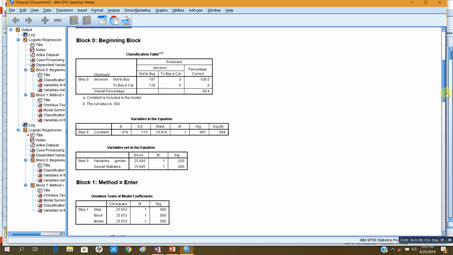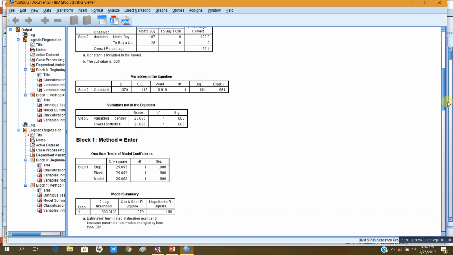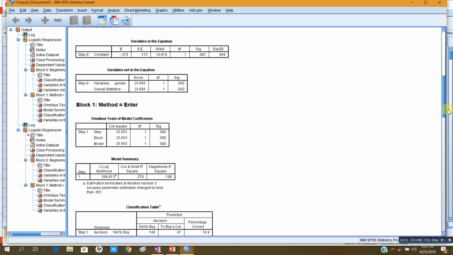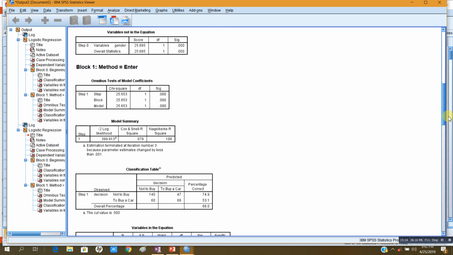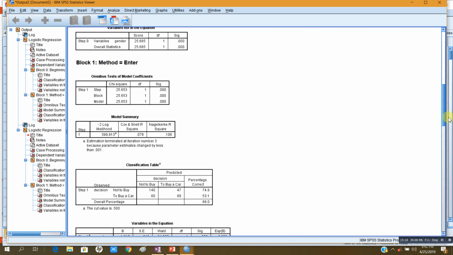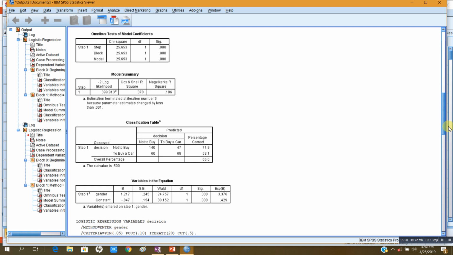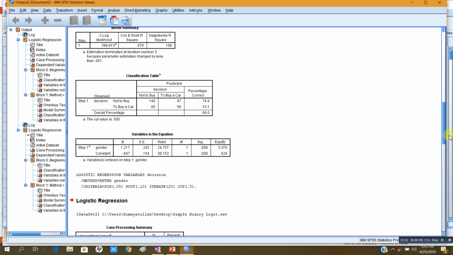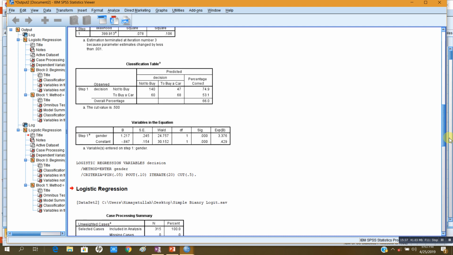Then there is the chi-square score. Then there is the block 1 method, in which SPSS adds the gender variable, and there is the chi-square statistic, and then there is the model summary, and it shows -2 log likelihood, Cox and Snell R square, and Nagelkerke R squared, and then there is the classification table, and then the variables in the equation, and it has the constant as well as the gender variable, and finally the case processing summary.